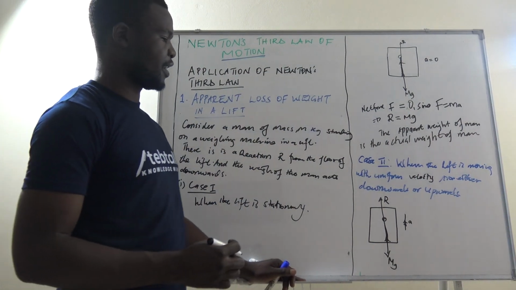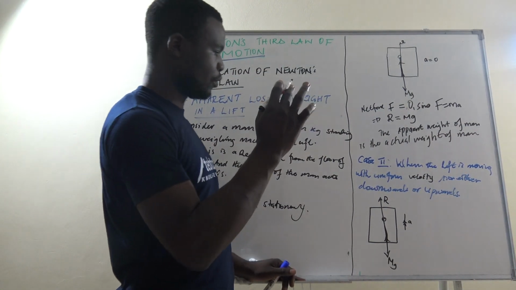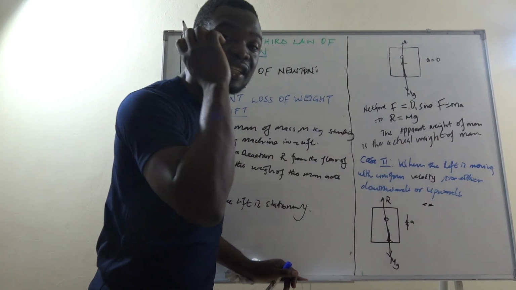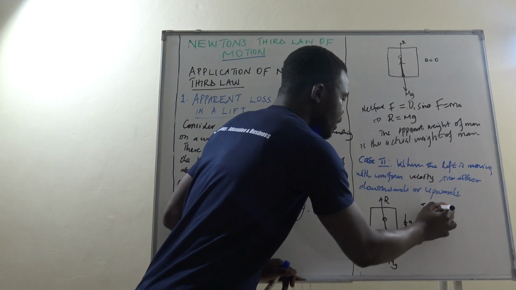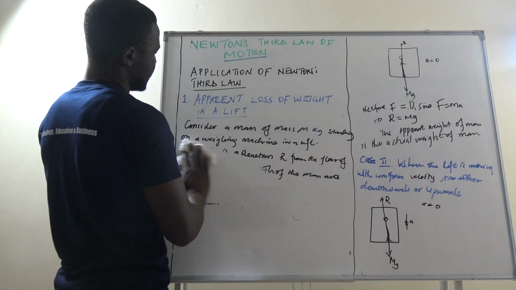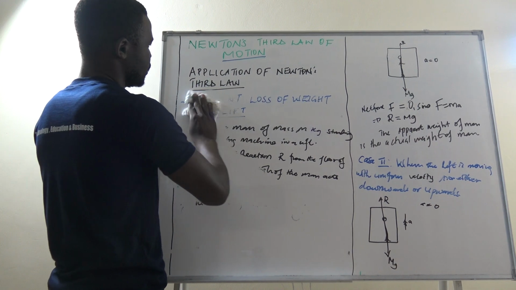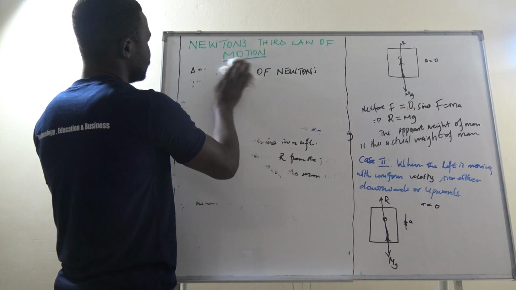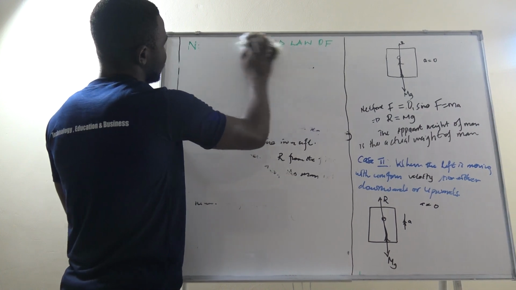When the lift is either moving upwards or downwards with a uniform velocity, it means the velocity is not changing and our acceleration becomes 0. Now, if our acceleration is 0, what happens again?